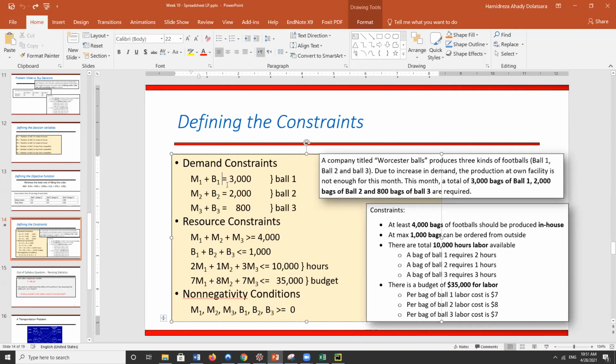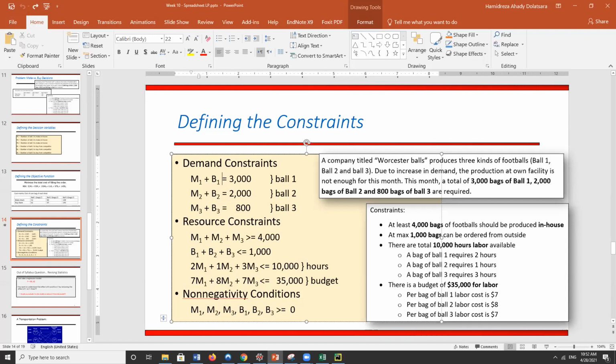If I change it to greater than or equal to 2,000, what does it mean? It means I expect the order to be a little more than that. I impose a greater-than-or-equal constraint in case demand is a little higher, so I don't lose the opportunity. But in this problem, the policy is exactly 3,000, 2,800.